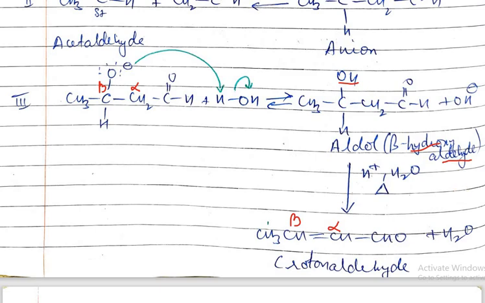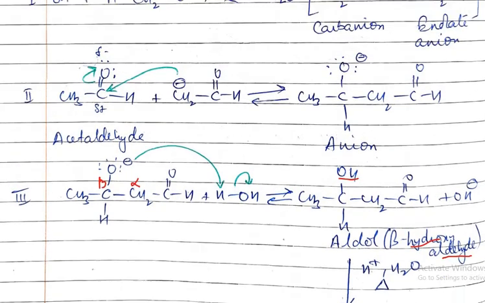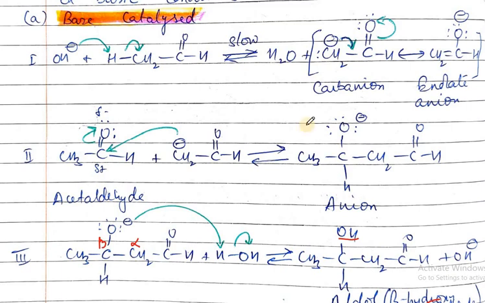And if we see it from the start, it is the base catalyzed mechanism. In the first step, the base abstracts hydrogen from the alpha carbon. This is the alpha carbon. So there is a requirement that in aldol condensation, aldehydes and ketones must have alpha hydrogen atoms. So the alpha hydrogen is abstracted by the OH negative base, and water is removed, and the resulting carbanion is resonance stabilized, that is, as an enolate anion.